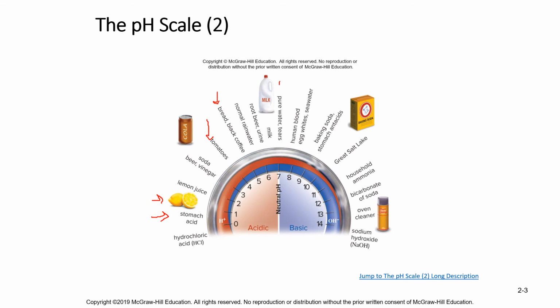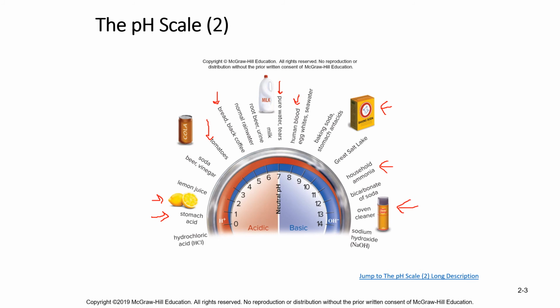Milk, pure water, human blood are right around neutral. Baking soda is slightly basic. Oven cleaner and ammonia are fairly basic, very basic.